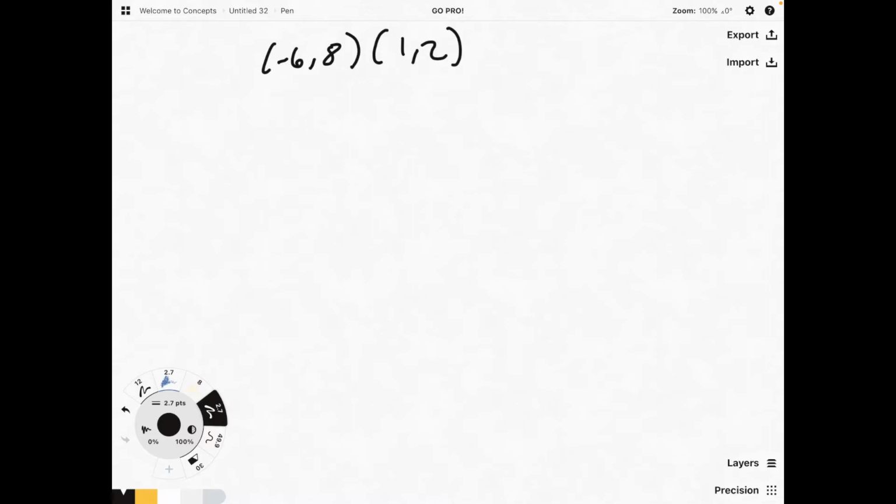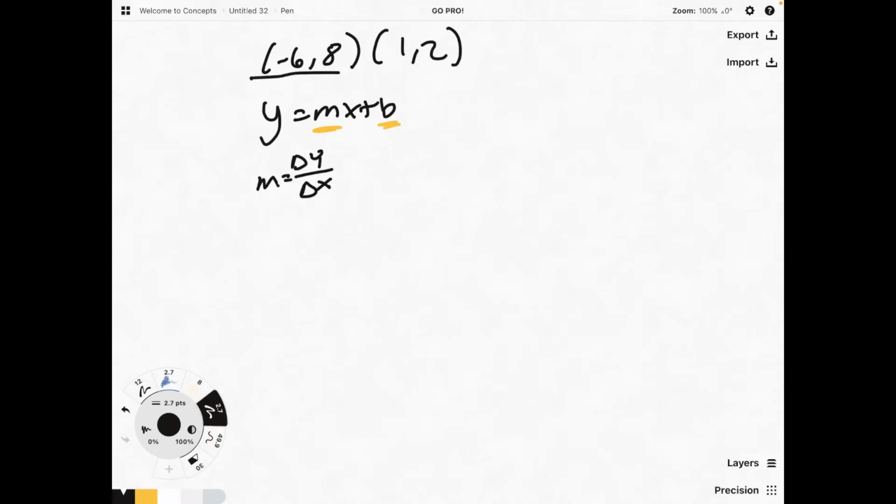Say you're given the points (-6, 8) and (1, 2), and you're asked to find the equation of the line. Using the equation that gives us the most bang for our buck, let's use the intercept form, y equals mx plus b. All we need to do now is solve for our variables, m and b. We know m is equal to the change in y over the change in x.